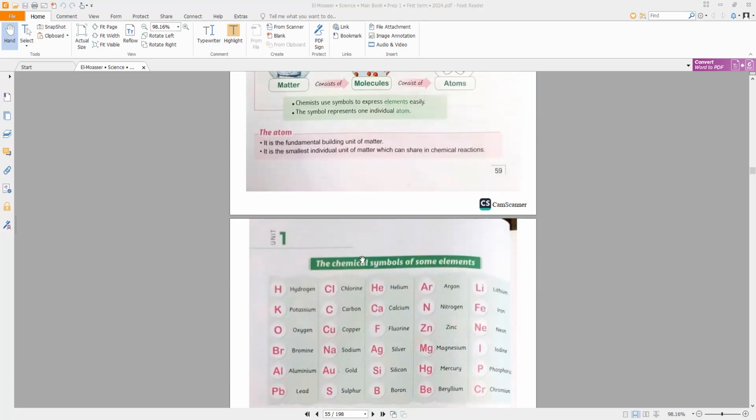As I said, the chemists use symbols to express elements easily.